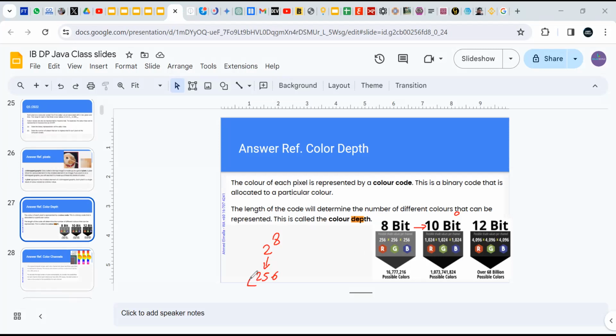So it means that we have 256 for each color, this is for blue, this is for green, and this is for red. So this information, you already have it. Is that clear to you? Yes. Okay, perfect.